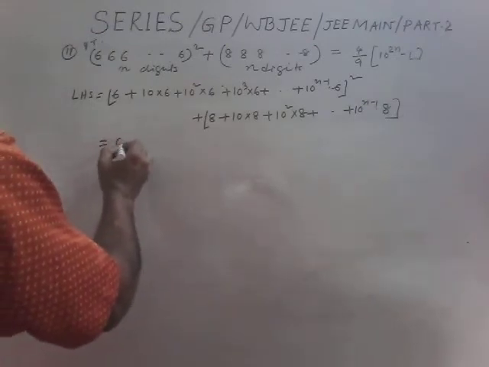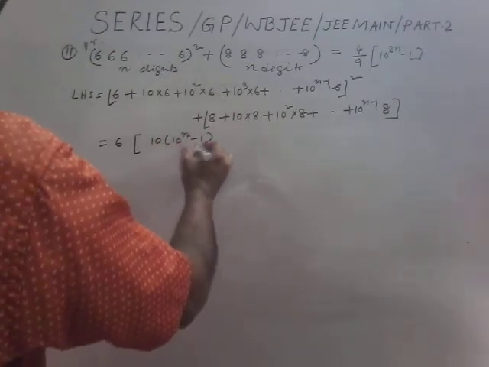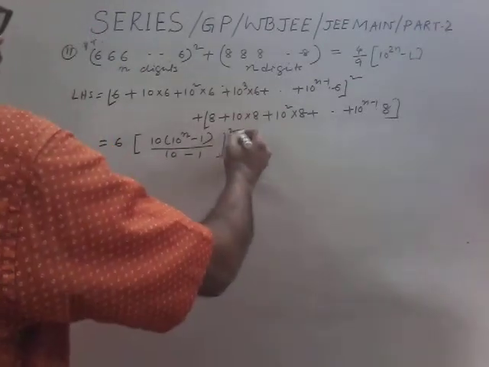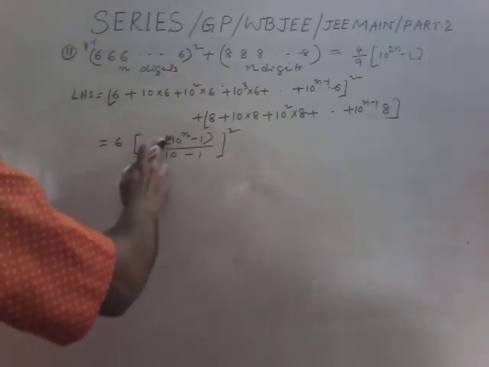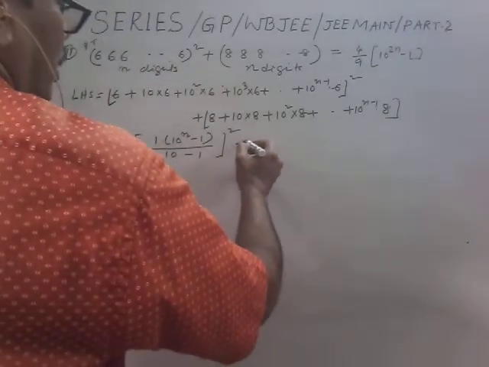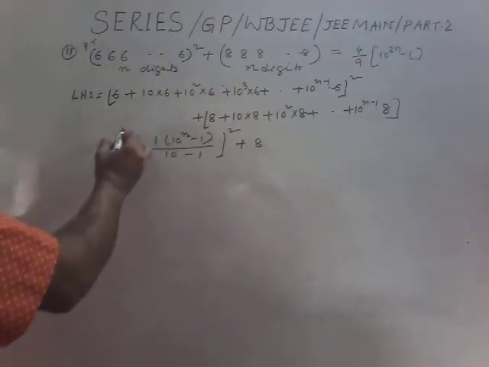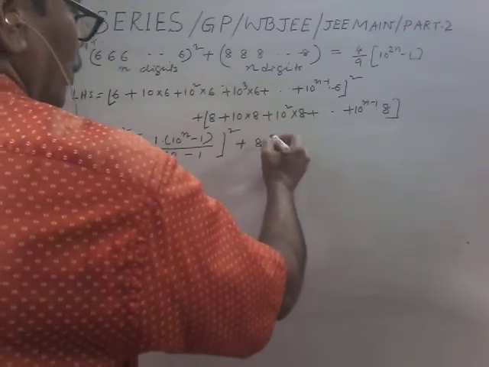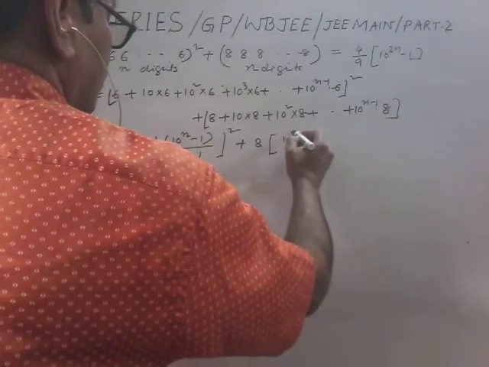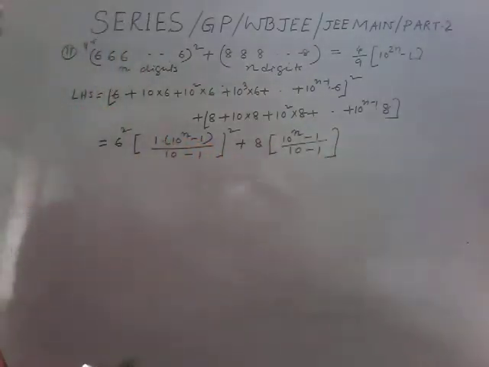So look, 6 common, (1 plus 10 plus 10 square and so on) whole square. 6 common, so this is 6 square. And the second one, 8 common, so 8 times (1 plus 10 plus 10 square), exactly the same, that is (10 to the power n minus 1) by (10 minus 1).